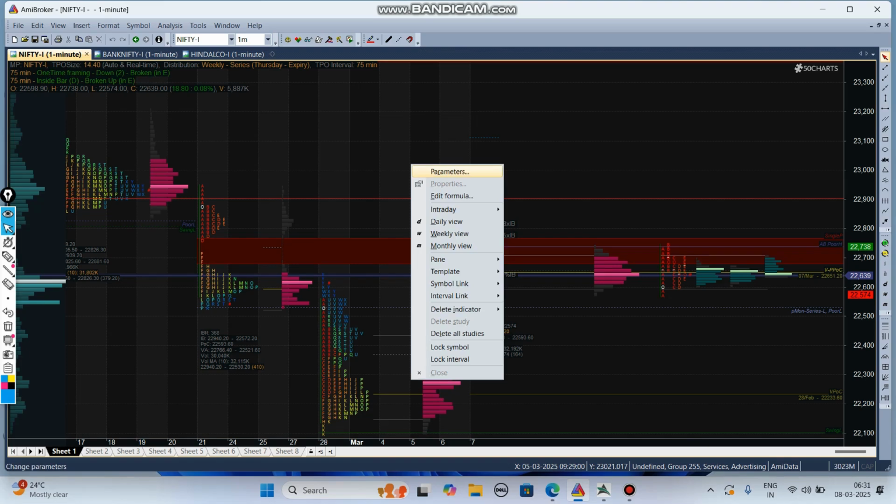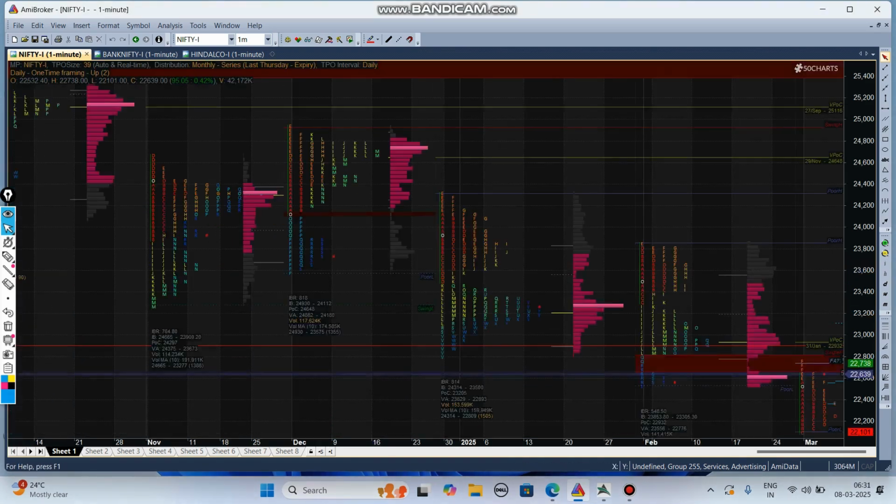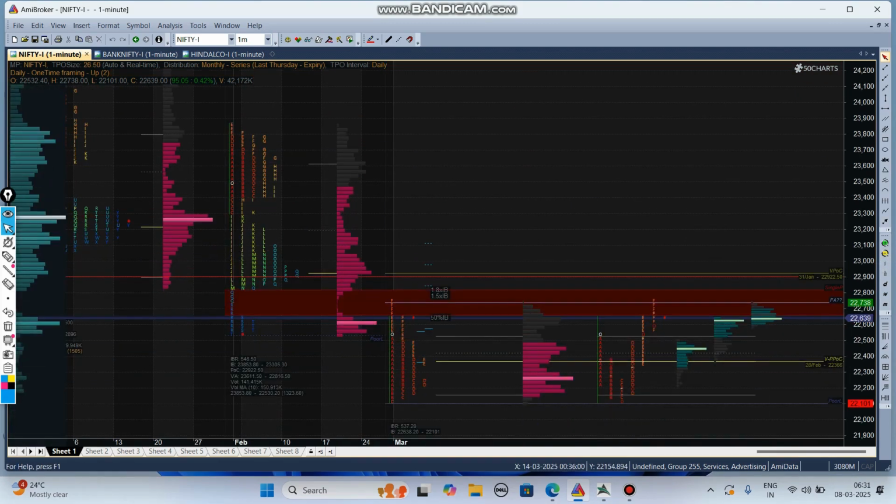If you are a long term trader, you check the monthly profile and always wait for the price to come near minus st1, then book the profit on plus st1, because the bell curve should form around the standard deviation levels.